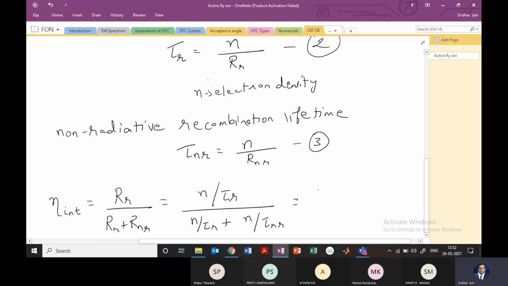You can adjust this equation and get rid of the n in the numerator and denominator because it's common. So this will just be 1 by tau_r divided by 1 by tau_r plus 1 by tau_nr. Let us call this equation 4.